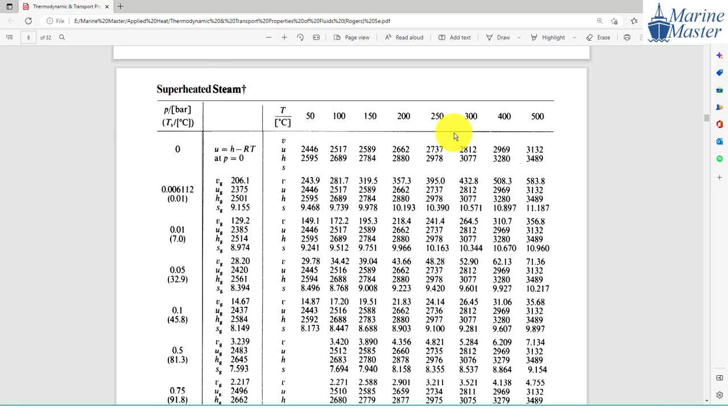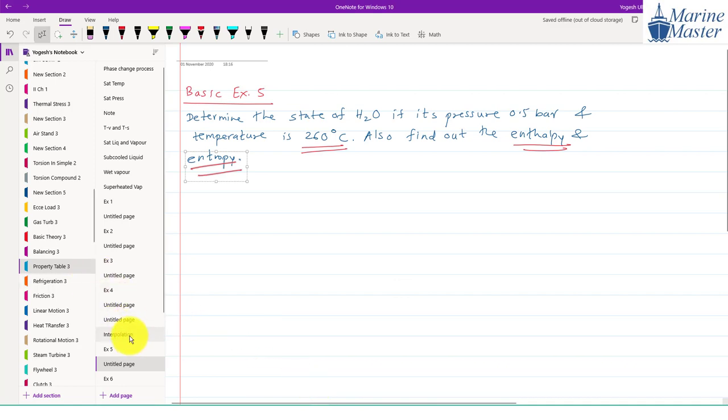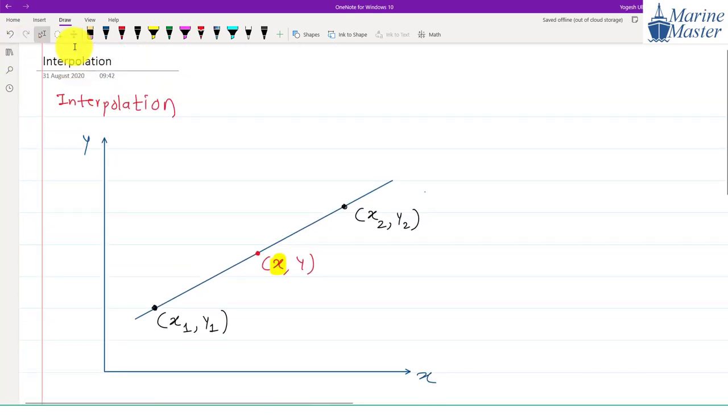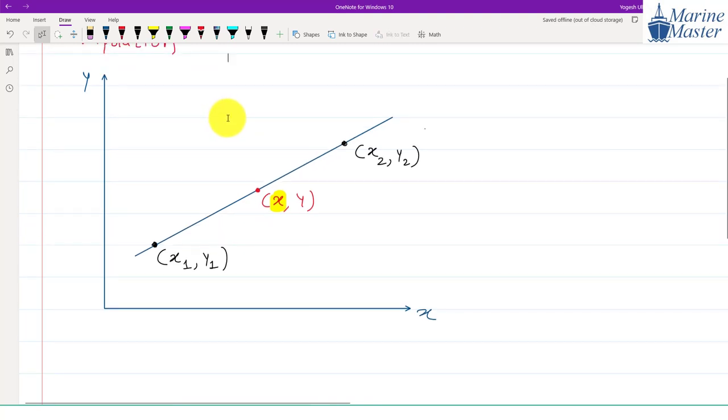Instead of that, we are going to use one term, that is interpolation. So what is the meaning of interpolation? Before going further, everyone give the heading: interpolation.